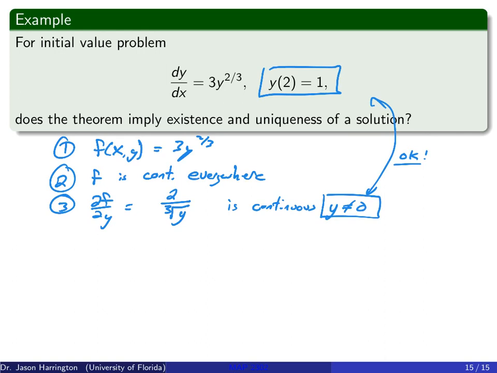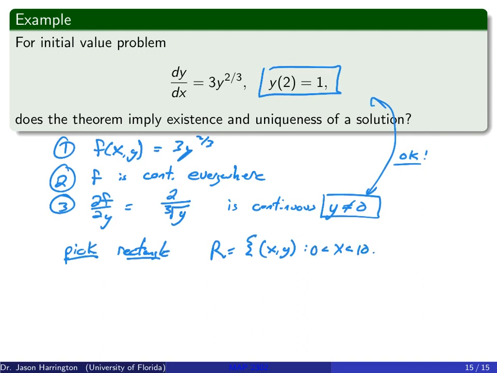Now this also tells us how close we can be, right? So now I'm going to have to pick my rectangle R to get my unique solution. X can really be anything. That's fine. X doesn't really matter. So I can say X is between, say, 0 and 10.